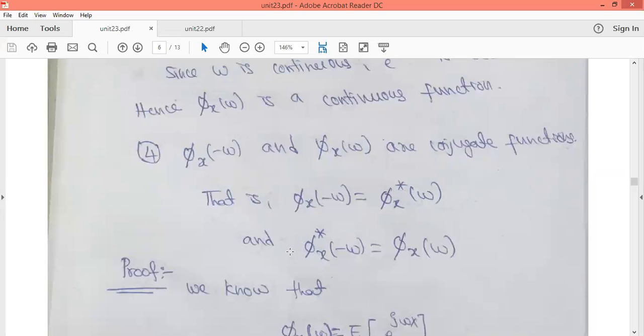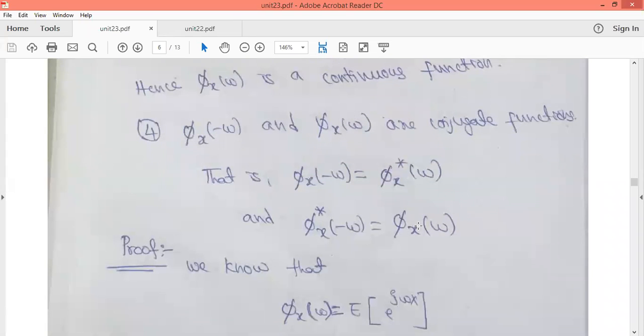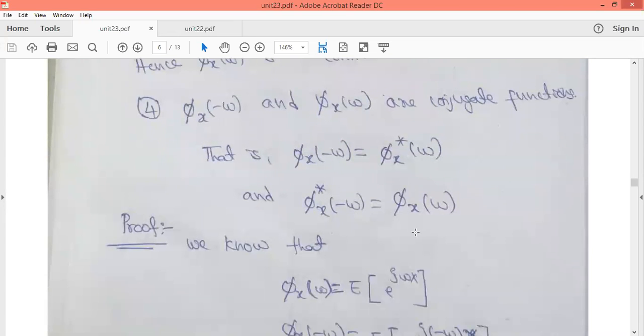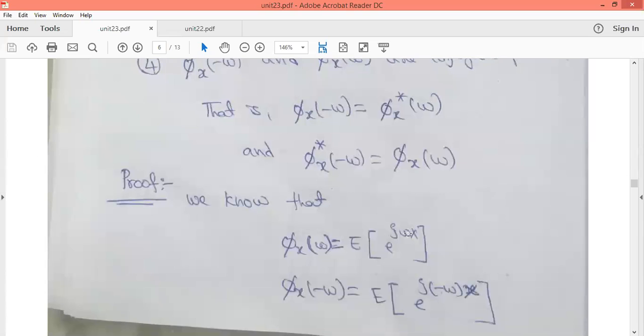And phi x star of minus omega will be equal to phi x of omega. We know that phi x of omega is equal to the expectation of e power j omega x.